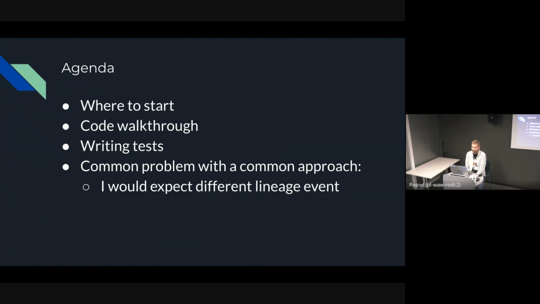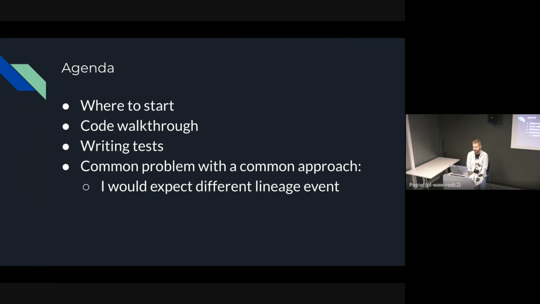So the agenda for this talk is, let's define the place where to start, how to start thinking as a contributor and trying to help the community. We can do a super fast code walkthrough through the submodules, projects and directories. We can say what the ways of writing tests for the OpenLineage-Spark integration are, because we do write a lot of tests.